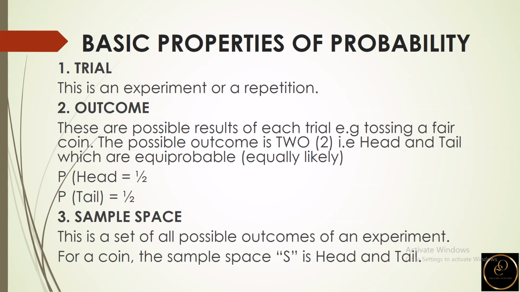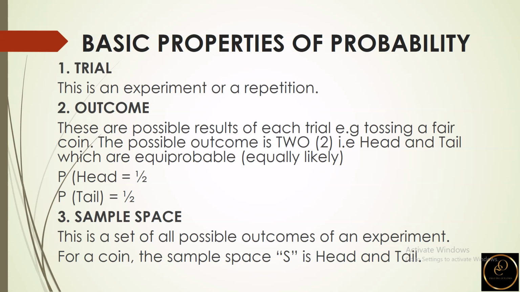And for this fair coin, the chance that a head or a tail turns up is said to be equally likely. Because of it being equally likely, it is called equiprobable.